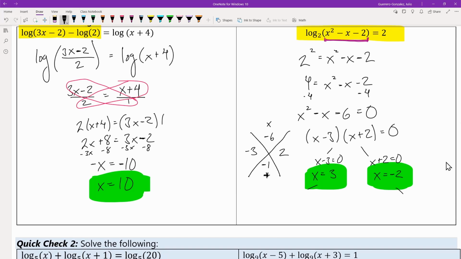If I plug in positive 3, that's going to be 3 squared minus 3 minus 2. 9 minus 3 minus 2 is 4. Now let me plug in negative 2. Negative 2 squared minus negative 2 minus 2.